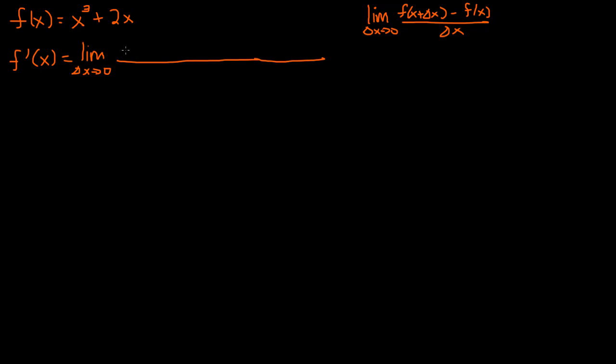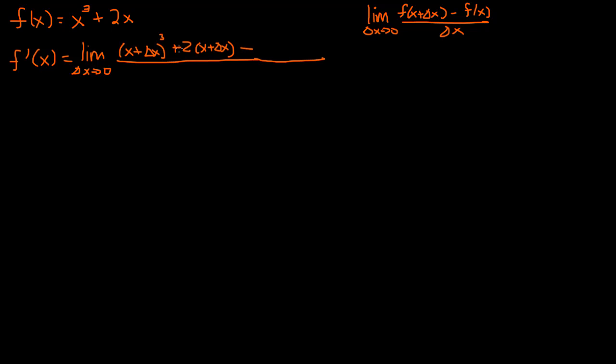So let's see here. F of x plus delta x, so that is x plus delta x cubed plus 2 times x plus delta x.